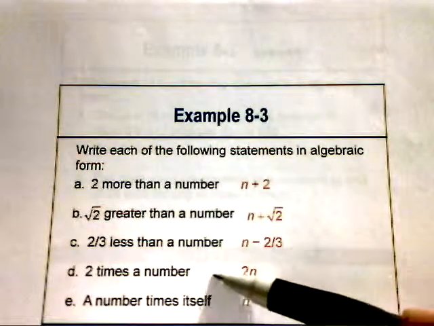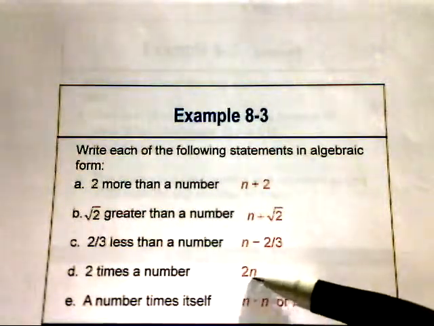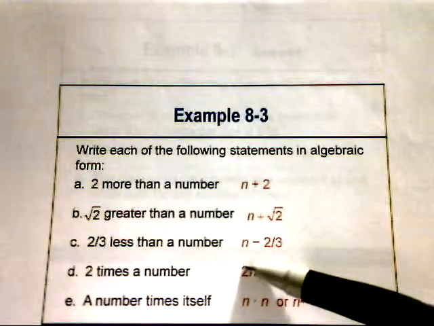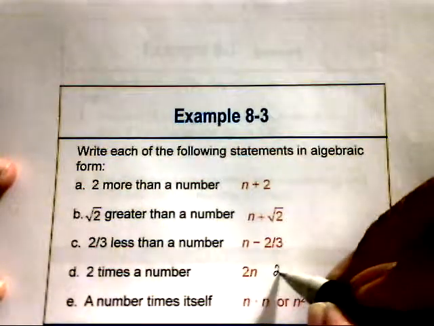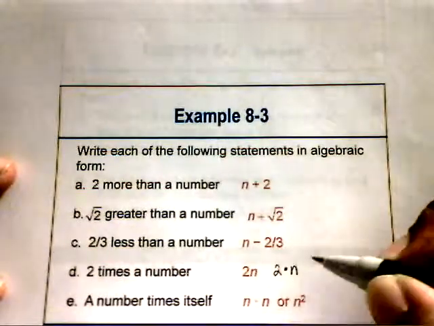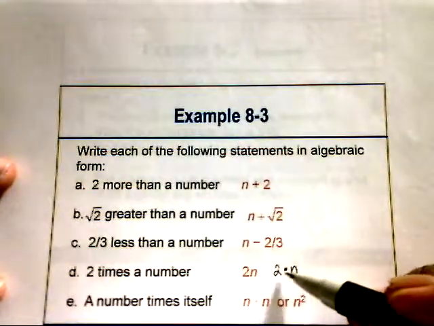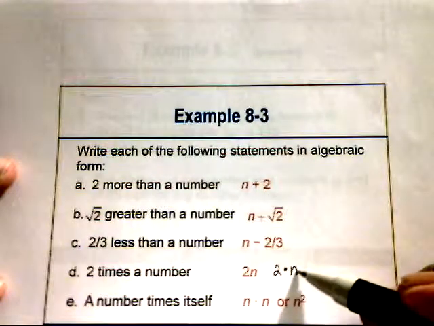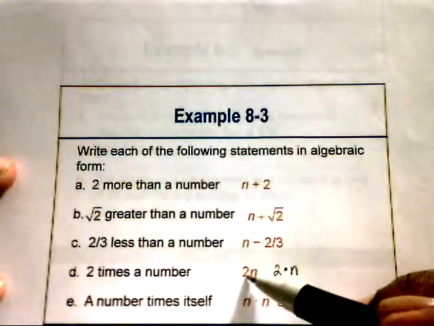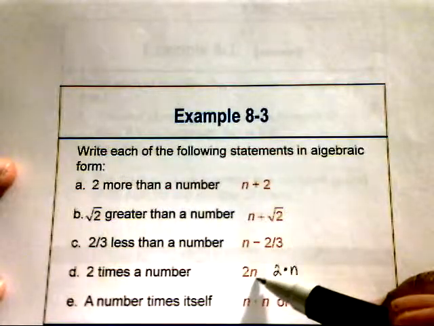Part D, 2 times a number will be 2n. Now notice the n is next to the 2. That represents 2 times n. Sometimes they write a dot between the two numbers or the two expressions to mean 2 times n. But normally we write that as just 2n.